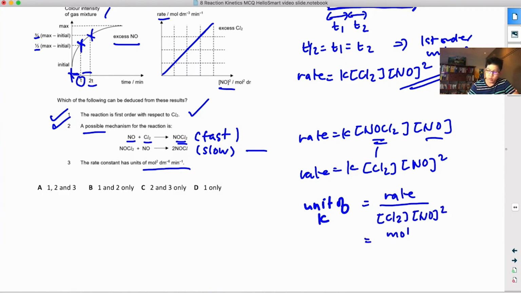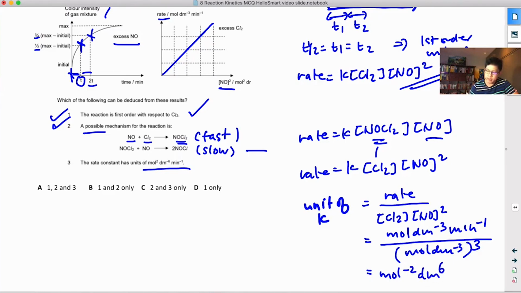So this is moles per dm cube per minute over moles per dm cube, cubed. You work it out, it's going to be mol^-2 dm^6 per minute. I think this school question was a bit tricky. It's actually mol^-2, but over here they put mol^2, so this is definitely out. So the answer will be B, 1 and 2.